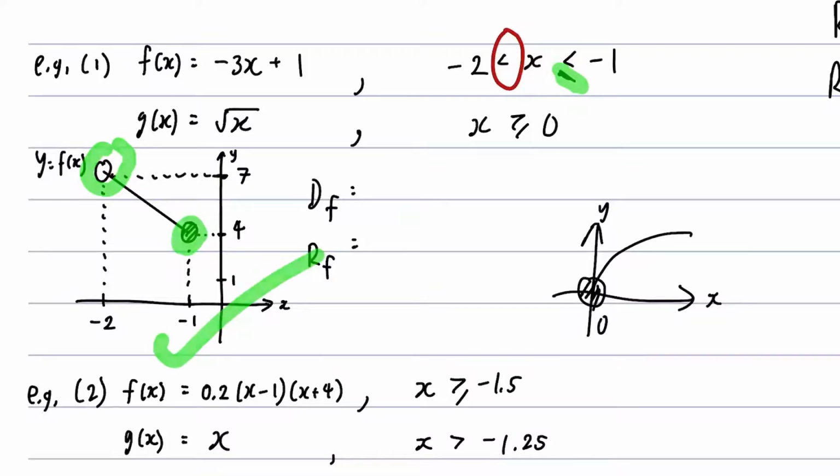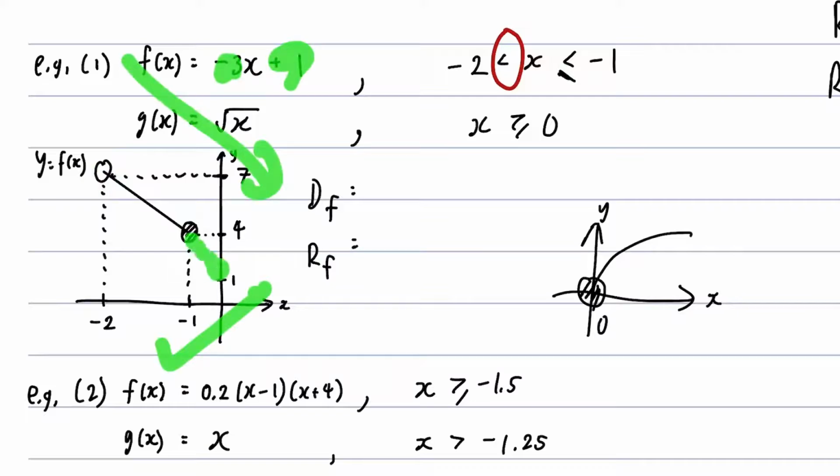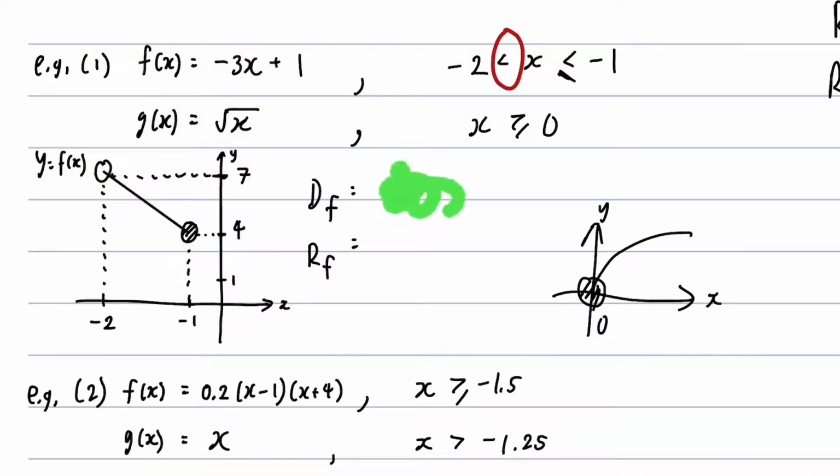Is the graph okay with you? Yeah. Now, -3x plus 1, that's why it's downward sloping. Plus 1 means it will eventually cut the y-intercept at 1, but I'm just looking at the left half. So what's the domain in terms of square bracket, round bracket notation? Domain is round bracket -2, -1 square bracket.